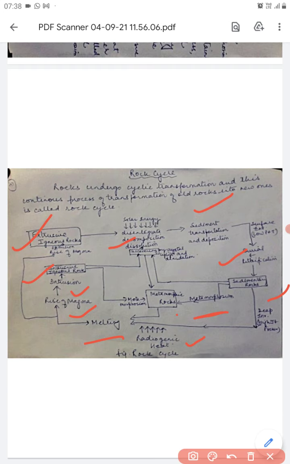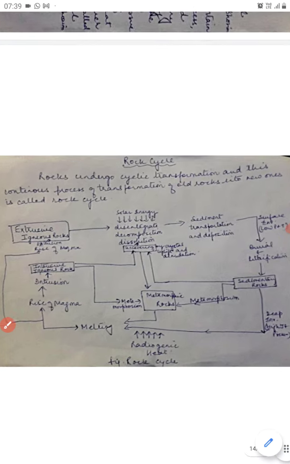Now this intrusive igneous rocks also disintegrate, decompose, dissolve to undergo the sedimentation process to form the sediments.